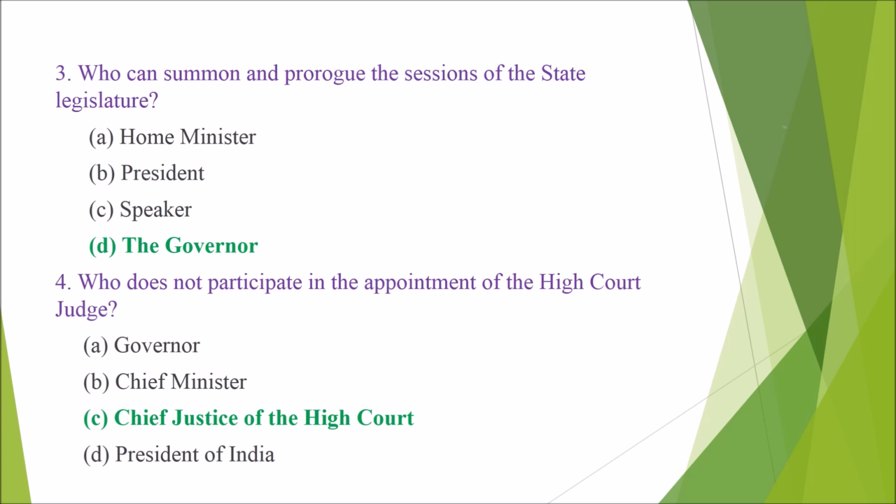Question number 4. Who does not participate in the appointment of the High Court judge? Option A, Governor. Option B, Chief Minister. Option C, Chief Justice of the High Court. Option D, President of India. So the answer is option C, Chief Justice of the High Court.